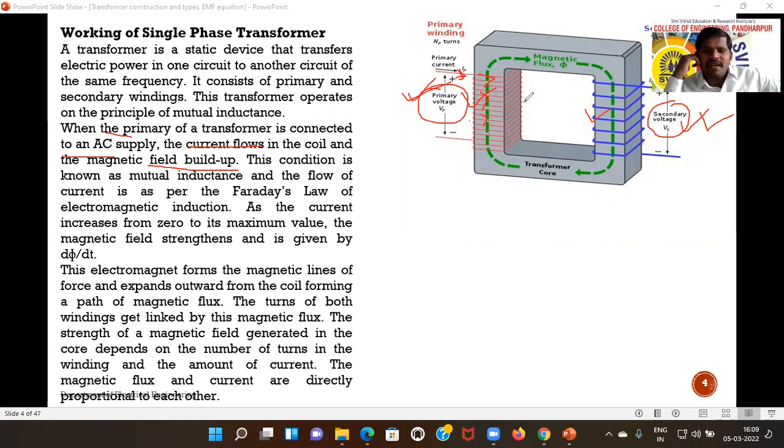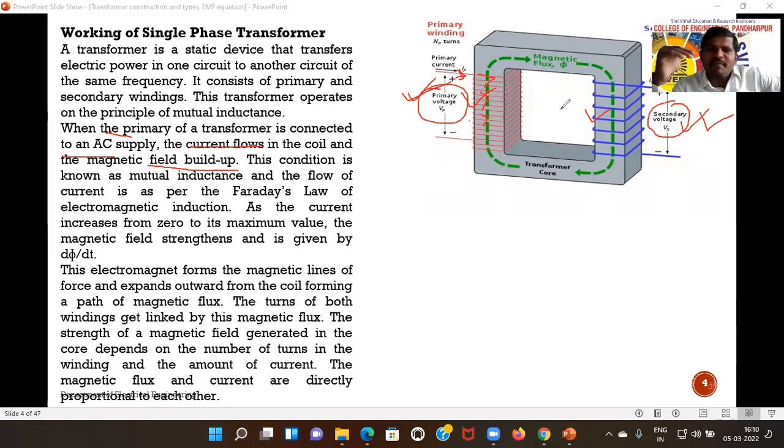So this condition, where the magnetic field is built up, is called mutual induction. And this flow of current is as per Faraday's law of electromagnetic induction.